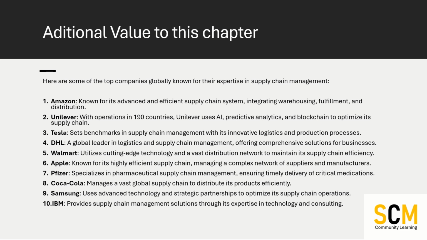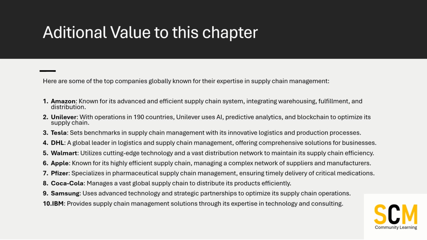That's awesome. The other one is Unilever. This company is installed in 90 countries, and it is using artificial intelligence, predictive analytics, and blockchain to optimize the supply chain.